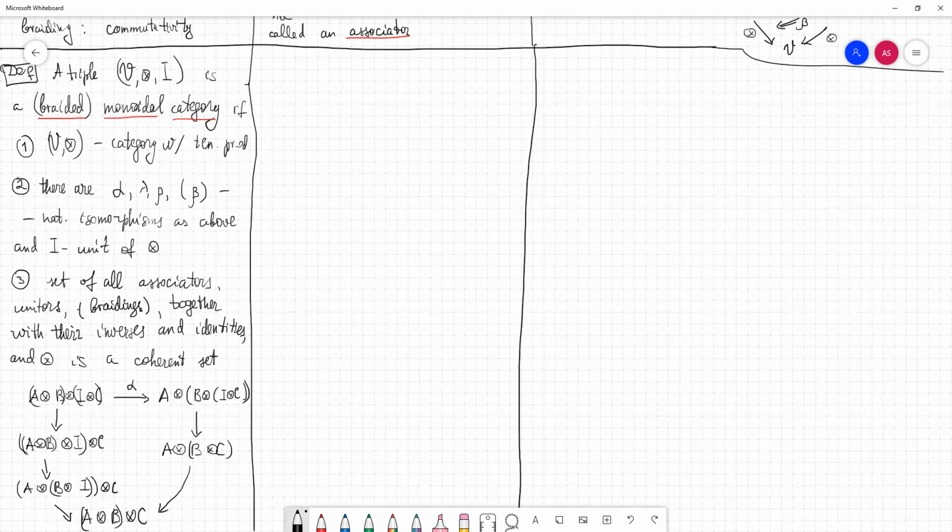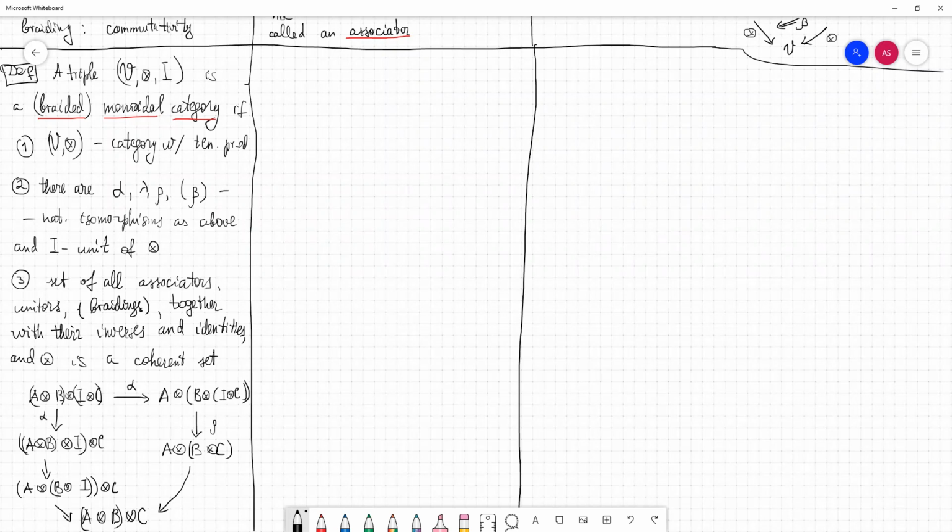Here I have used rho minus first. Oh no, not minus first, just rho. On the other side, I again have used associator.